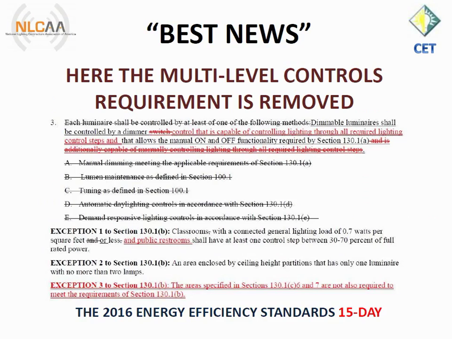So take a look at the 2016 code as well as the 2013 code so that you have some idea of what's coming up in the future. It's getting better. Multi-level control will no longer be required in areas under 130.1 Charlie 6 and 7, such as stairwells.